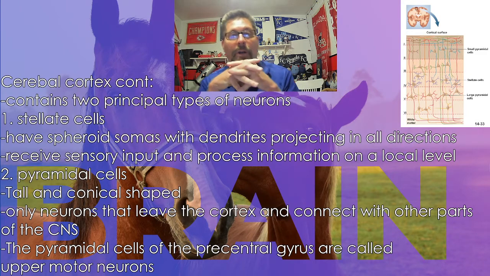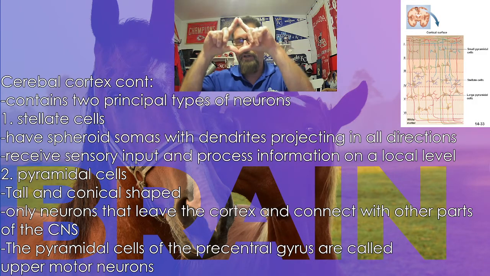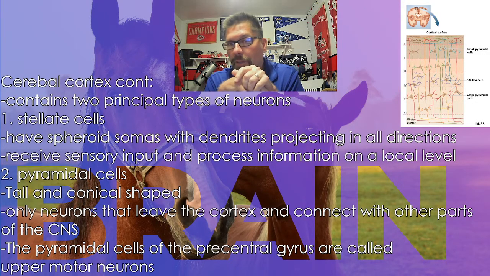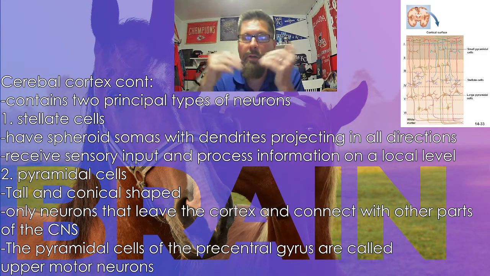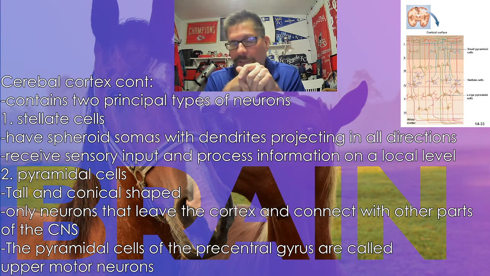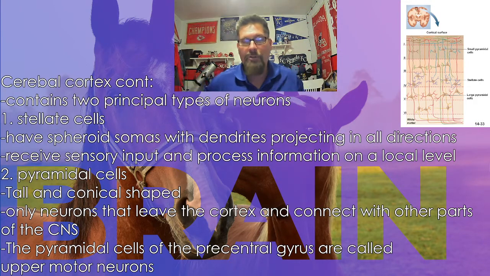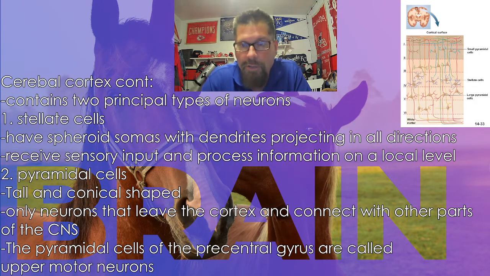And the pyramidal cells, which are like a pyramid kind of thing, tall, cone-shaped. The stellate cells stay local. It only receives local information and passes it locally. Where the pyramidal cells, those drape down into the other ends and leave the cortex and do connect with other places.